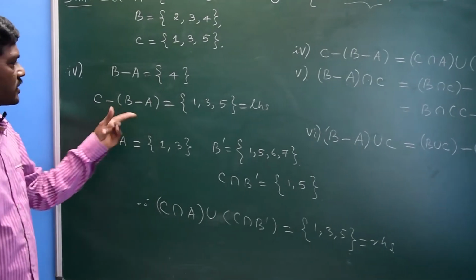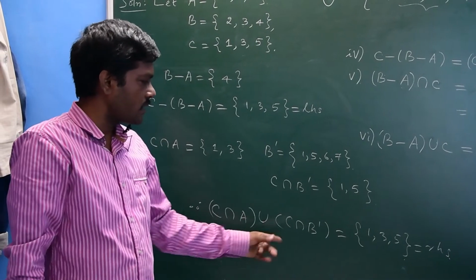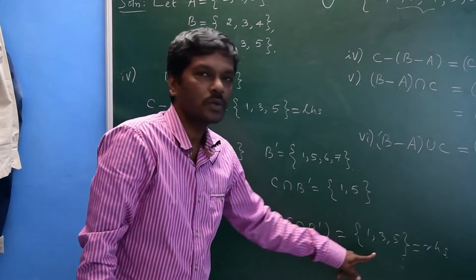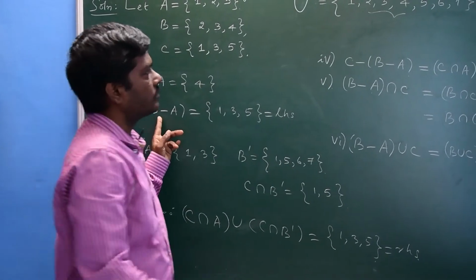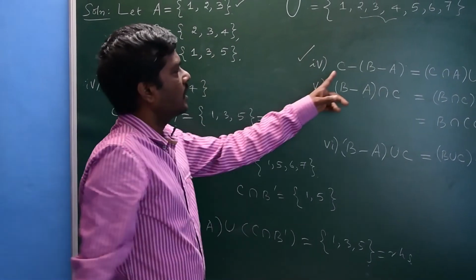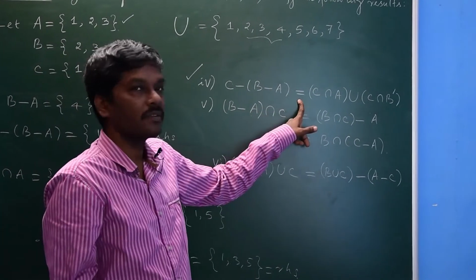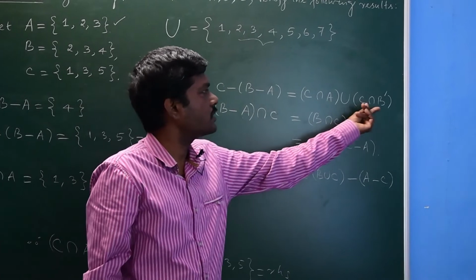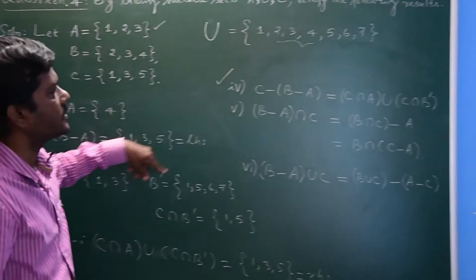C minus B minus A is 135 and C intersection A union C intersection B prime, that is also 135. So they are one and the same. Therefore this result, namely the fourth result, C minus B minus A, is the same as C intersection A union C intersection B complement. So this is verified with these sets.